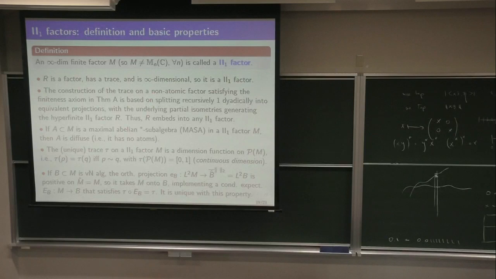The construction of the trace on a non-atomic finite factor, on a non-atomic factor satisfying the finiteness axiom, is based on splitting recursively one diagonally into equivalent projections, with the underlying partial isometries generating.